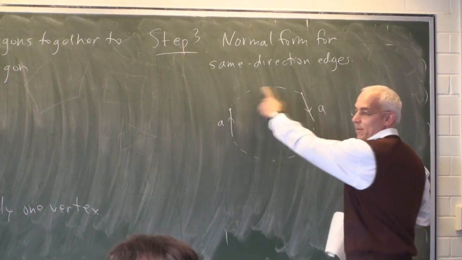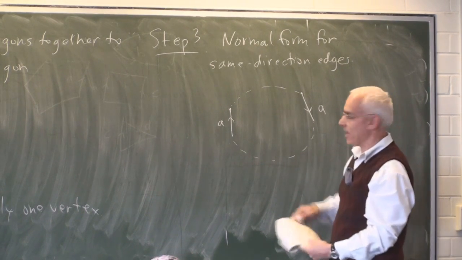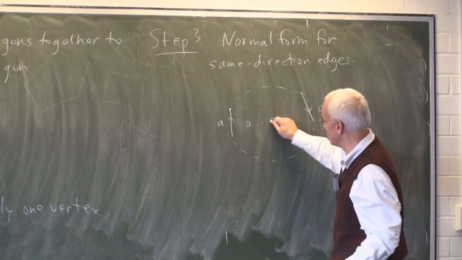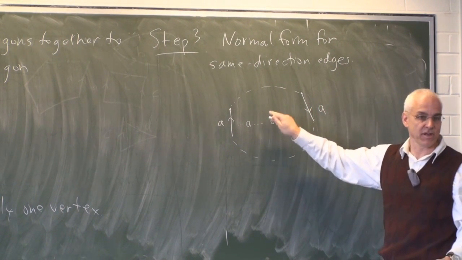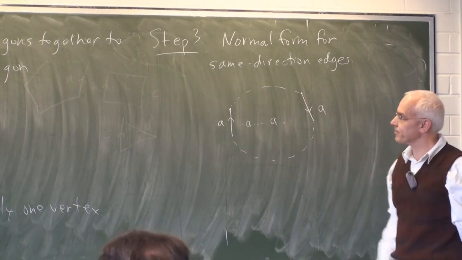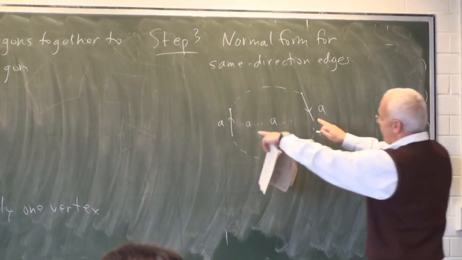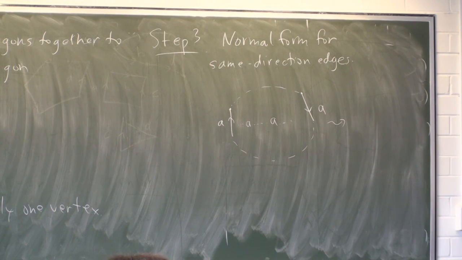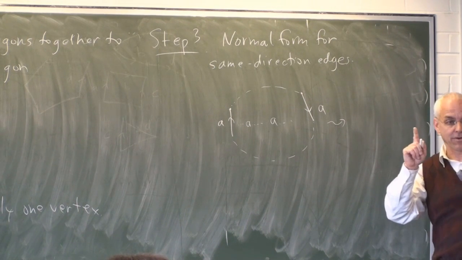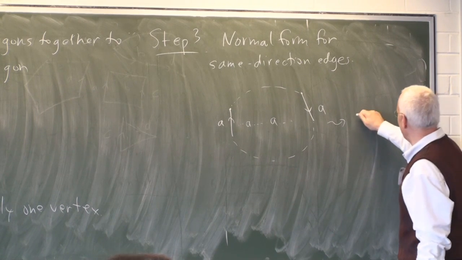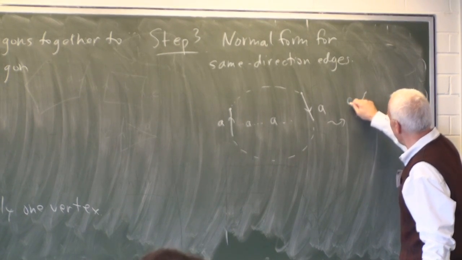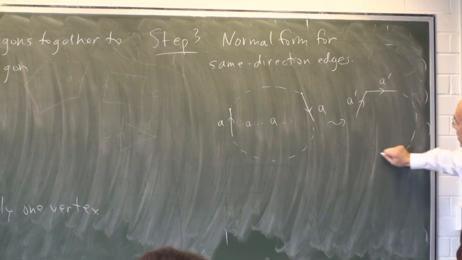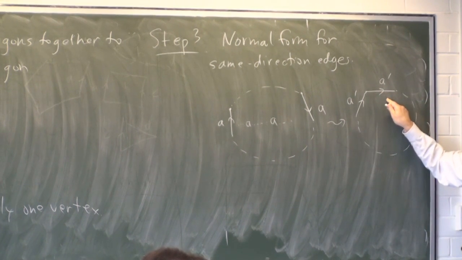We call these edges in the same direction. When we read the word, there's an A that appears, and then eventually the A appears also not with an inverse. So we want to go from this kind of situation to a situation where the two A's have been replaced by, say, a new edge A prime and a new edge A prime, which are together.